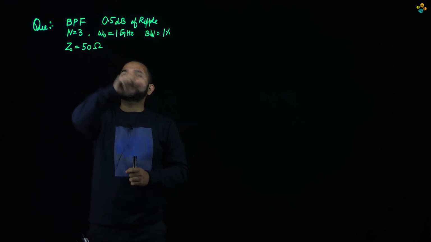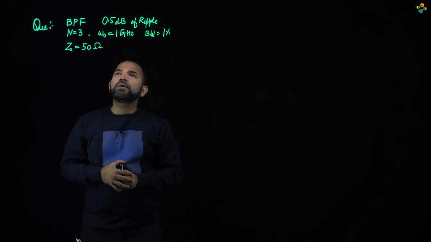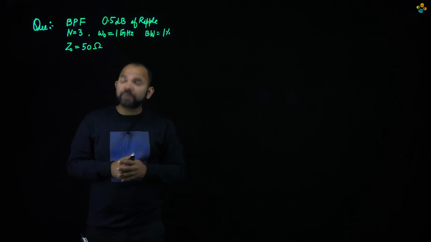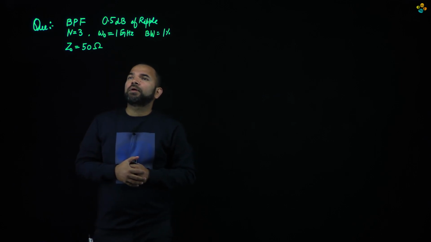So as I have already explained to you, we need to design a low pass filter first. As this has certain ripples in the pass band, it would most probably be a Chebyshev design. So it is quite obvious that it is a Chebyshev design.